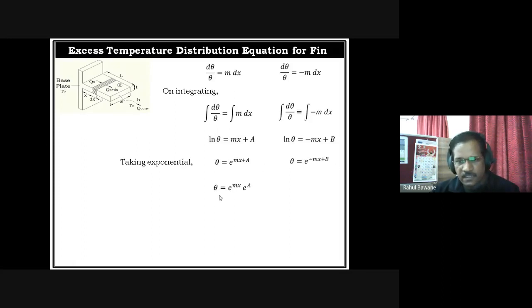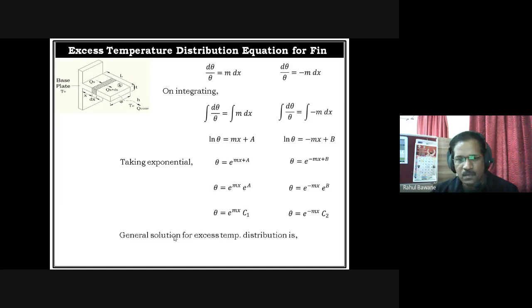Now separating this, theta equals e^mx into e^a, and on this side e^minus mx into e^b. Now we put e raised to the power a as a constant C1 and e raised to the power b as a constant C2.